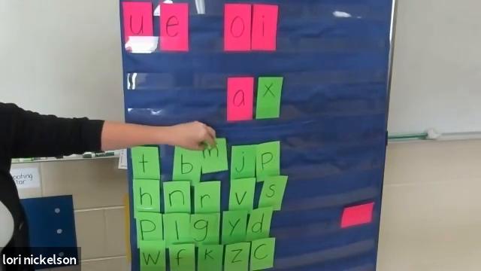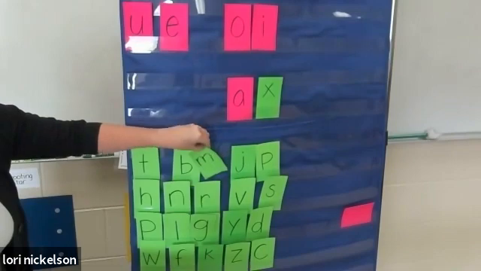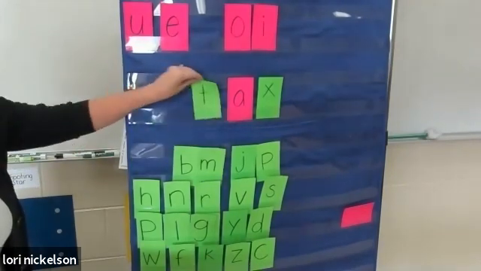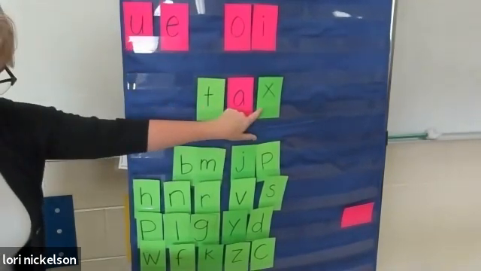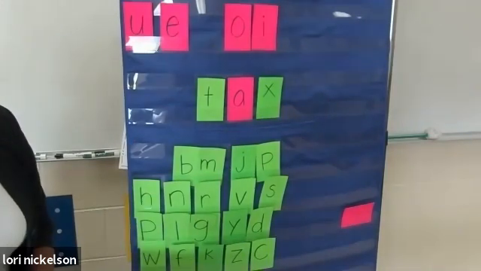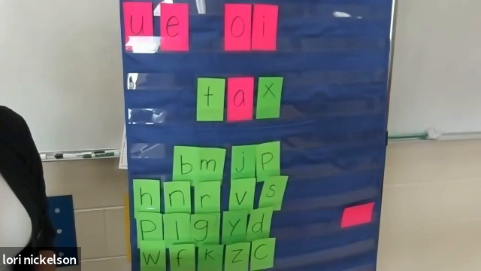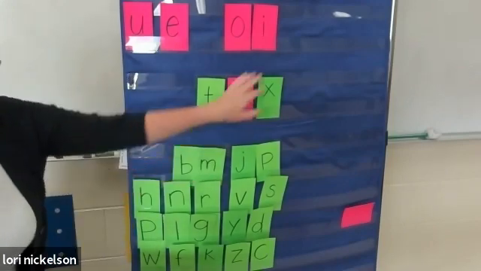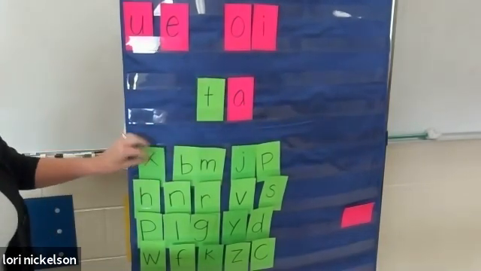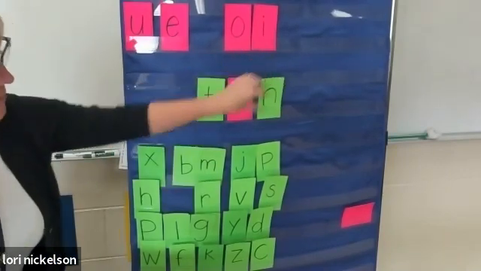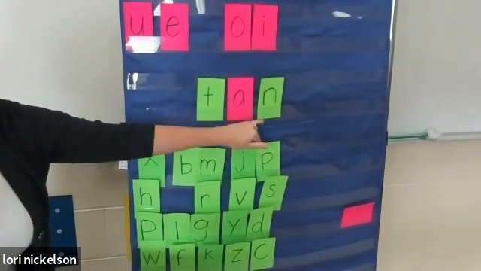The M, and replace it with which one? The T. Good. So now I have tax. Good. So if I make tax into tan, which letter am I going to change out? The X, and I'm going to replace it with an N. And now I have the word tan.